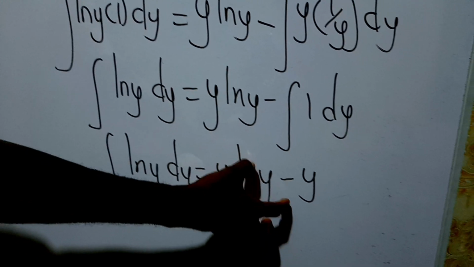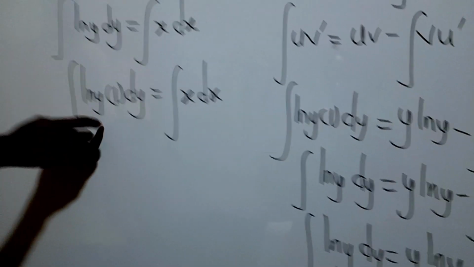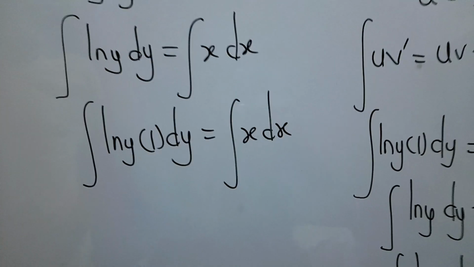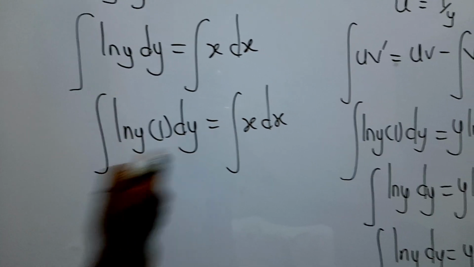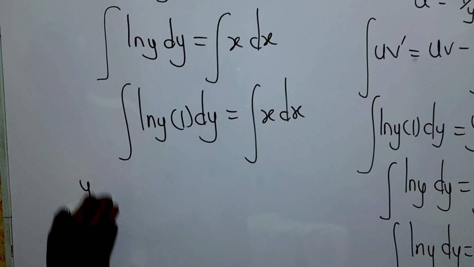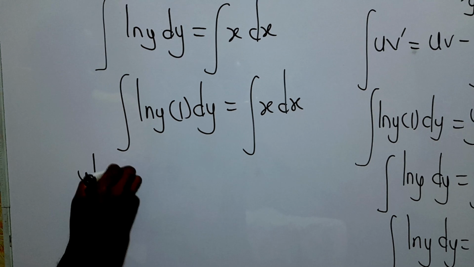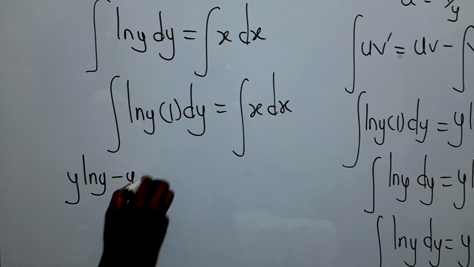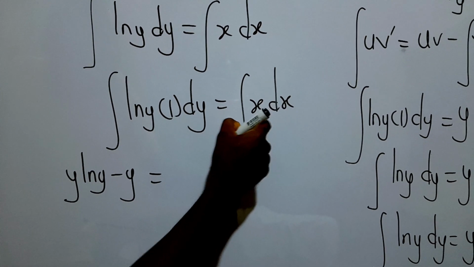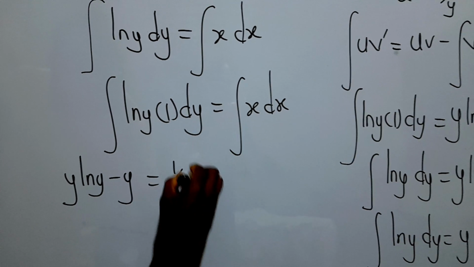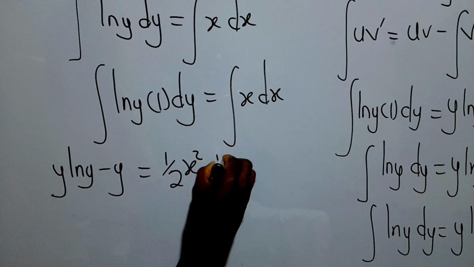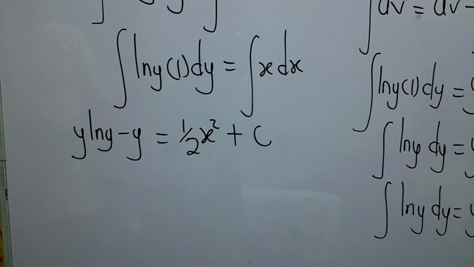So we can substitute this in place of the integral, and say that y ln y minus y is equal to the integral of x, which will be half x squared, plus our constant of integration.